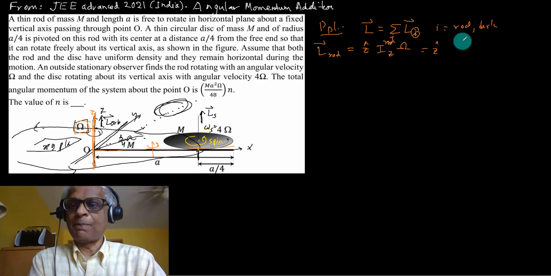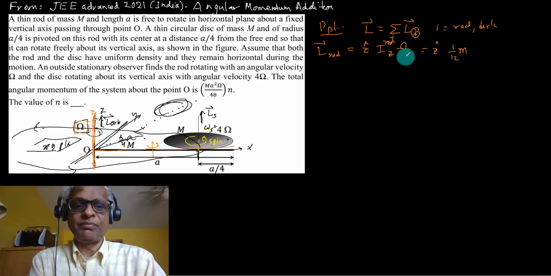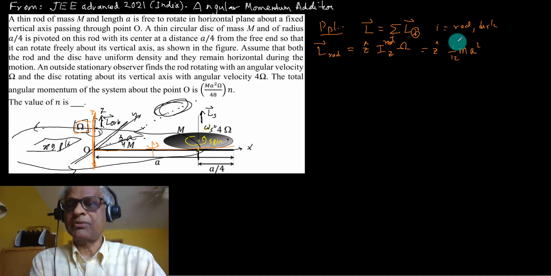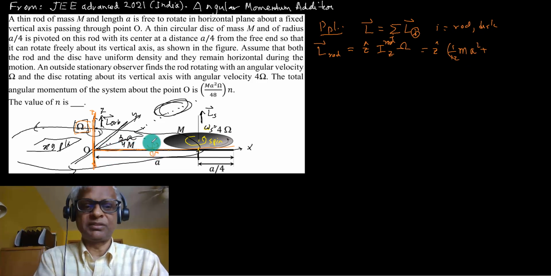I is 1/12 m, the length of the rod, a, squared, plus the distance from here to the center of mass. This is the center of mass.